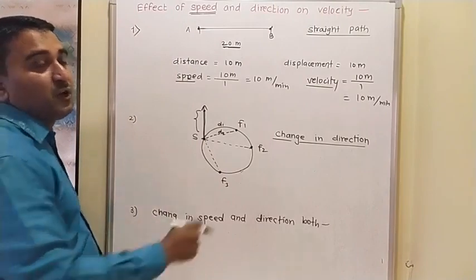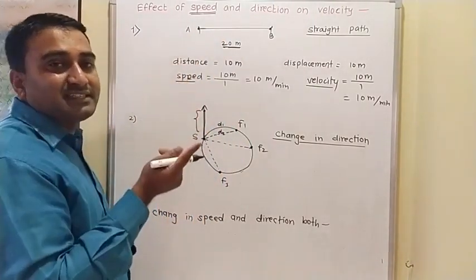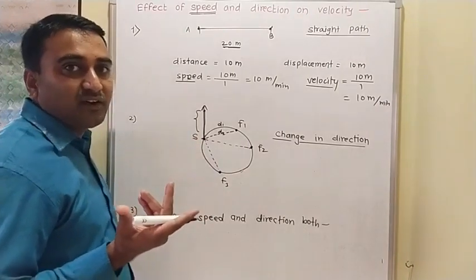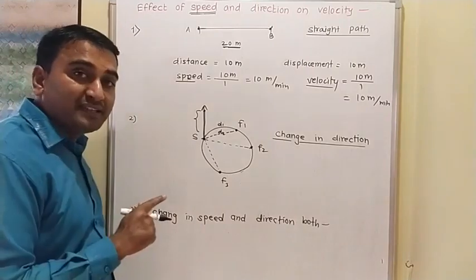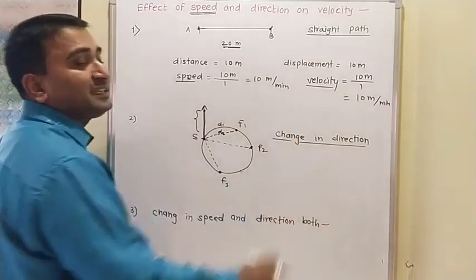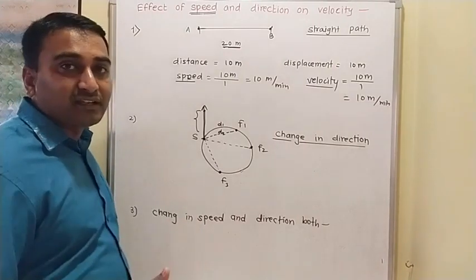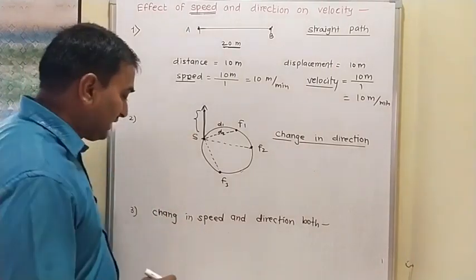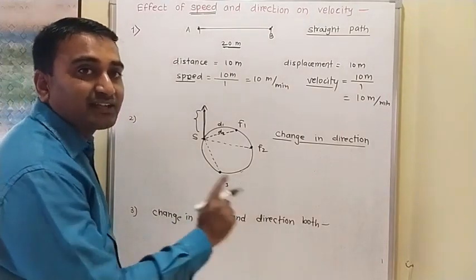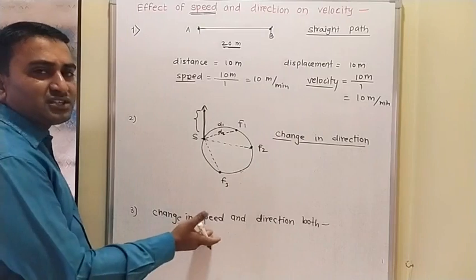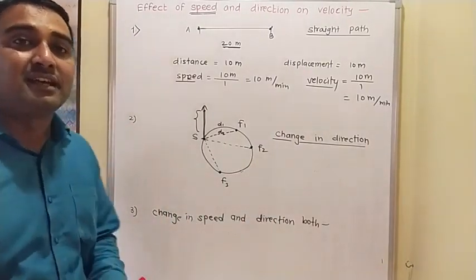When direction is the same, if speed increases or decreases, velocity also increases or decreases. Now in the second, though speed is the same, if there is a change in direction, then also we get a change in velocity. And if both change, change in speed as well as direction, definitely as speed changes, velocity changes, and as direction changes, velocity changes.